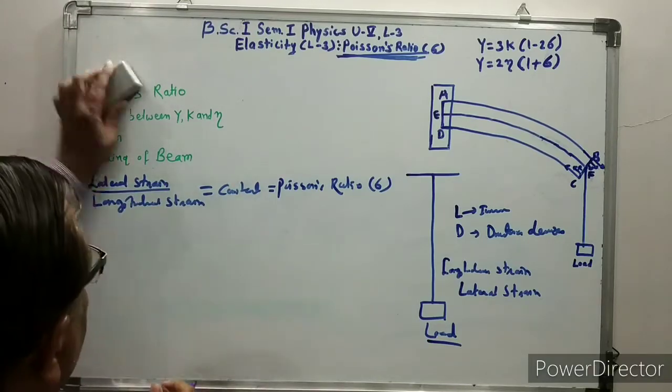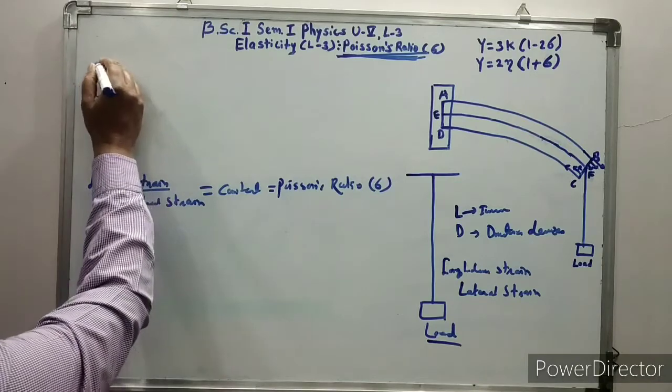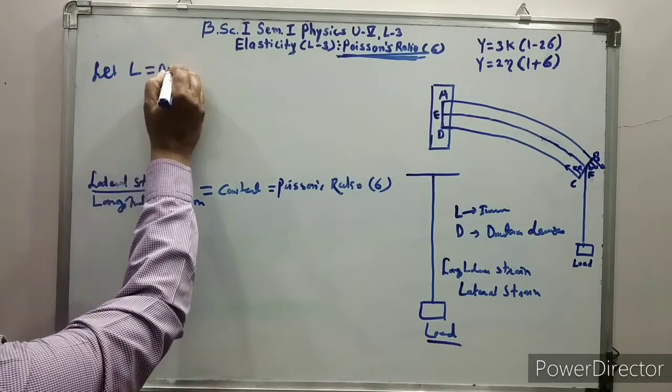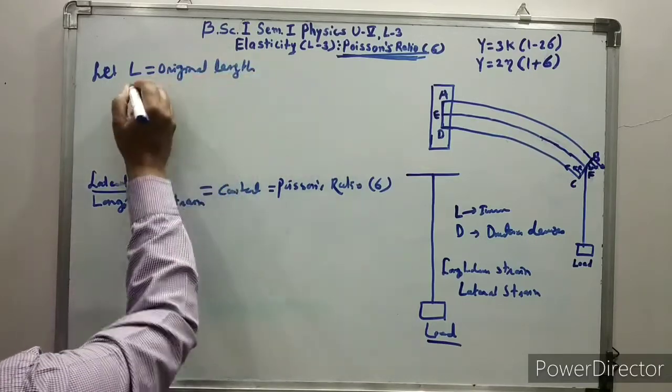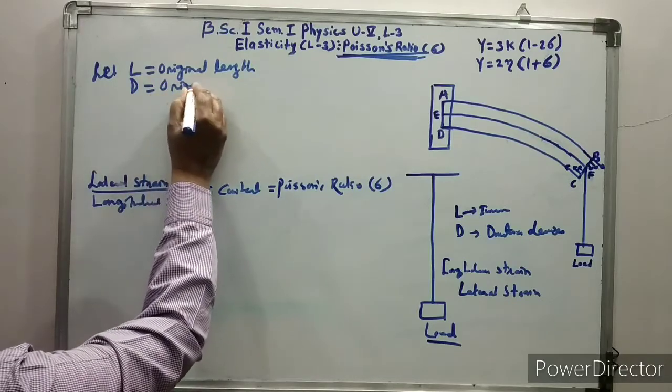Let L be the original length of the wire, and D be the original diameter of the wire.